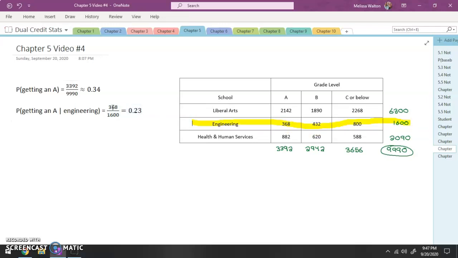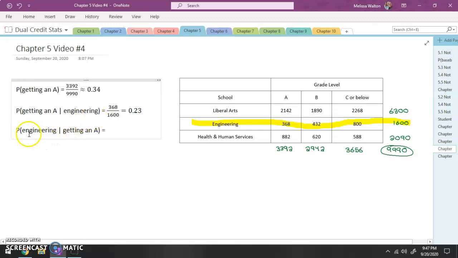Now I'm going to write a problem that looks the same, but it is not the same. Probability of engineering given getting an A. These two look so similar, but they are not the same question. This one says, what's the probability that I get an A given that I'm an engineering student?